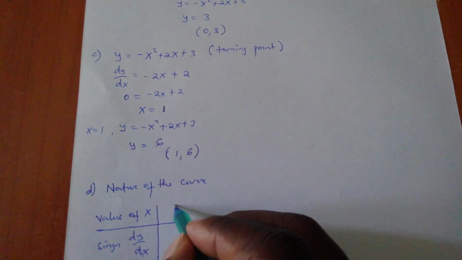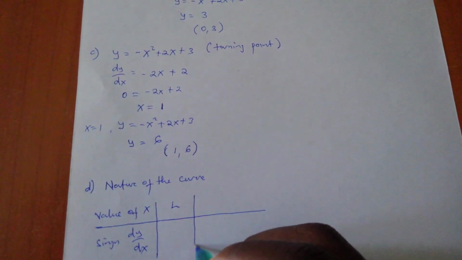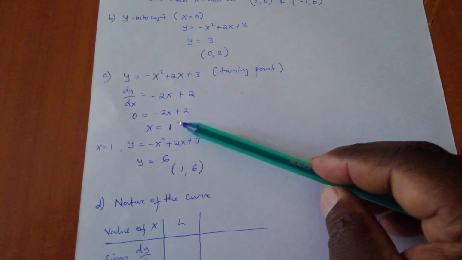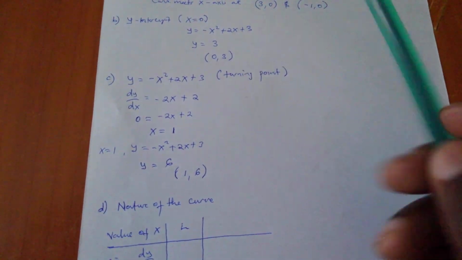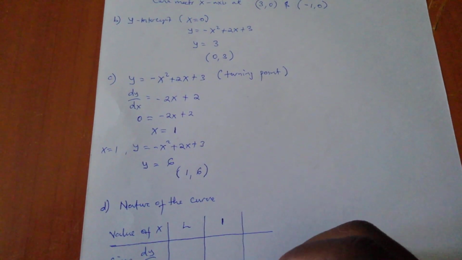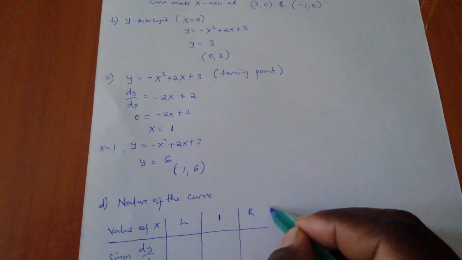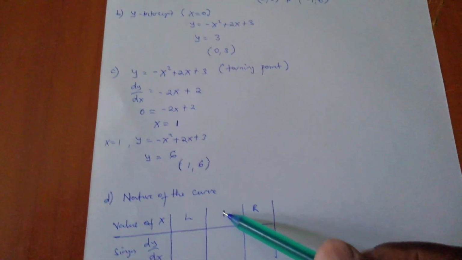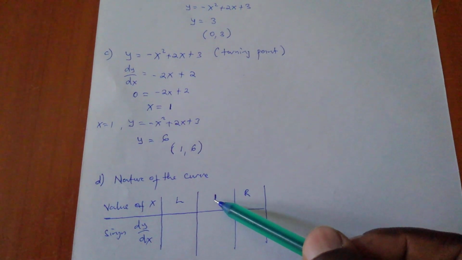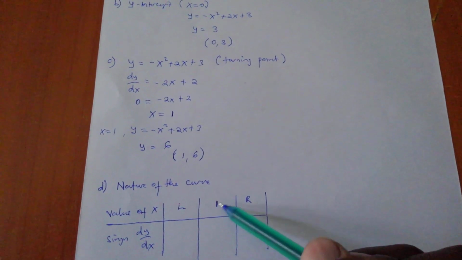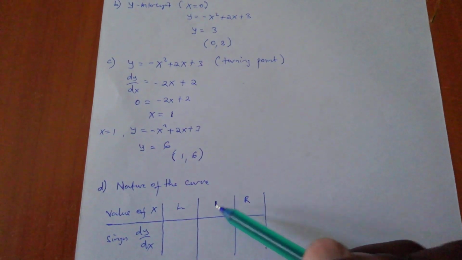So I will have my left, and I'll have the value which I've got at the differentiation, the value of x, which is 1. I've got only 1, and I will have the right. So I'm going to choose a number on the number line. The left value to 1 is 0, the immediate one.